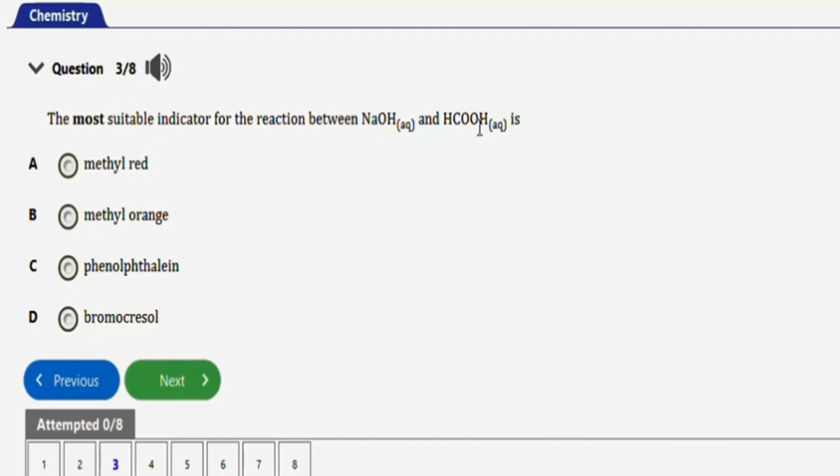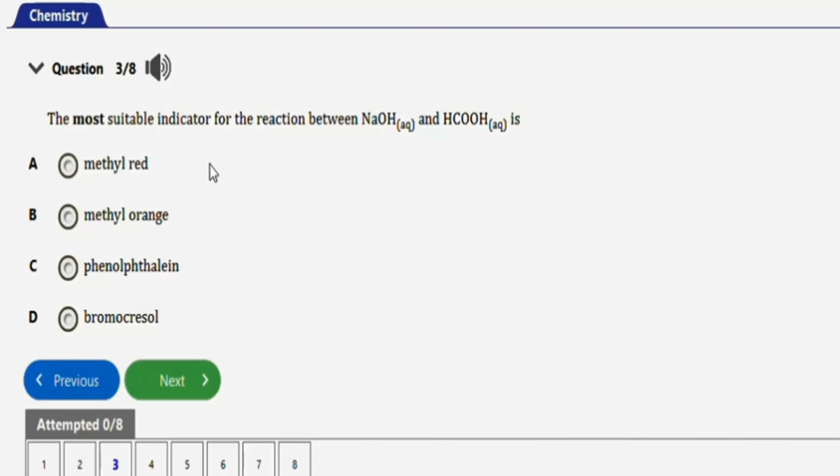Had it been we are having a strong acid and a weak base, for instance, tetraoxosulfate 6 acid or sulfuric acid, and a weak base like ammonia, or let's use a weak base like magnesium oxide, the right option would have been methyl orange.